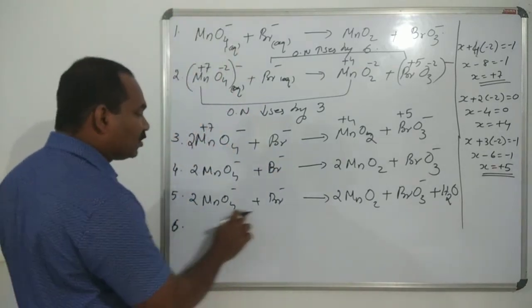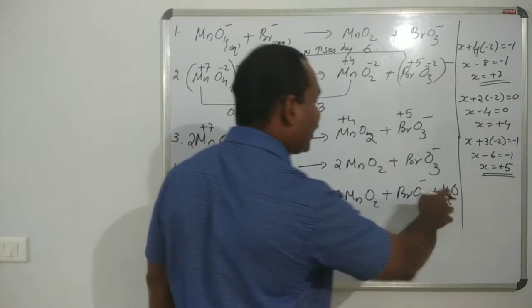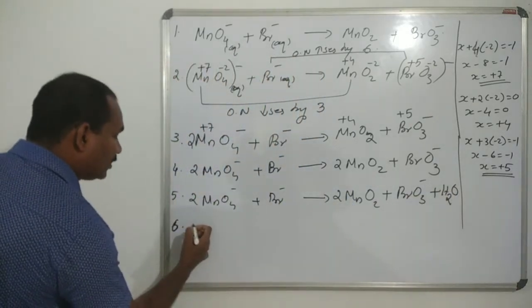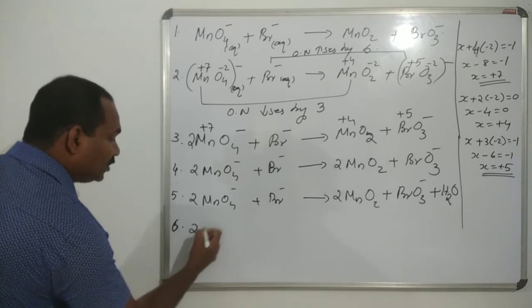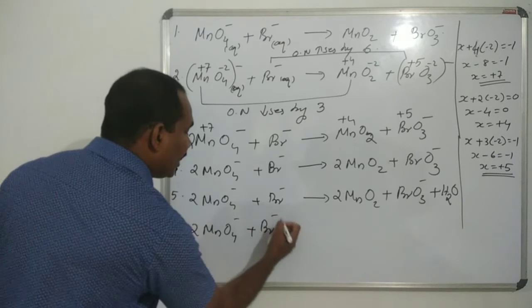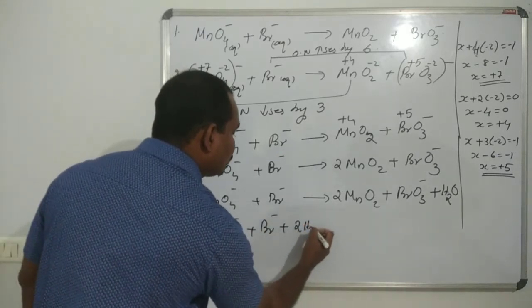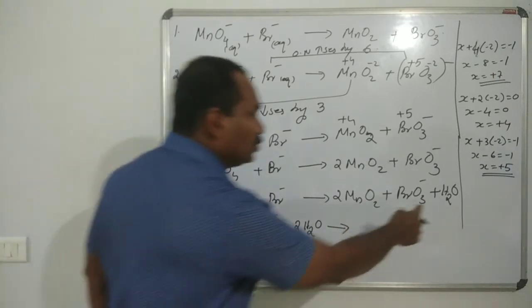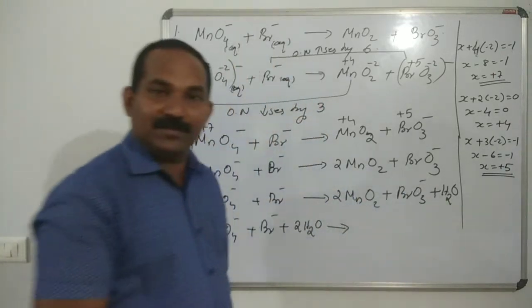So here there is no hydrogen. Here 2 hydrogen is there. So we must add 2 water molecule in the deficient side of hydrogen. So 2MnO4 minus plus Br minus plus 2H2O, because 2 hydrogen in the right side.